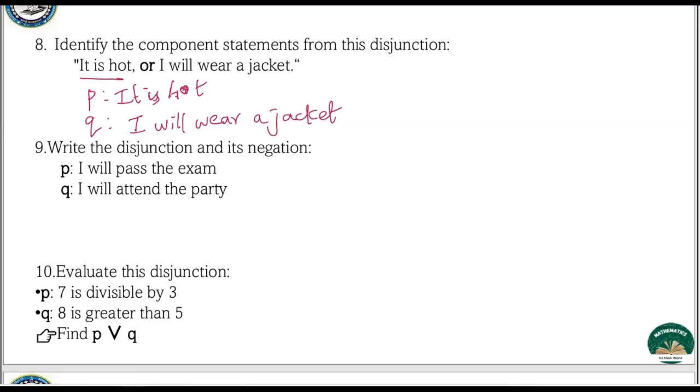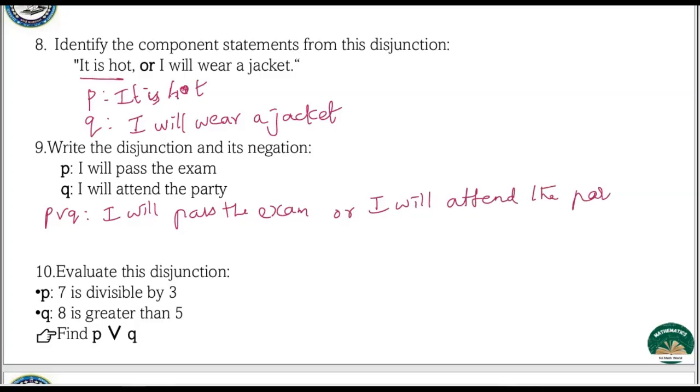Then write the disjunction and its negation. You have to write the disjunction P or Q. I will pass the exam or I will attend the party. And now negate it.